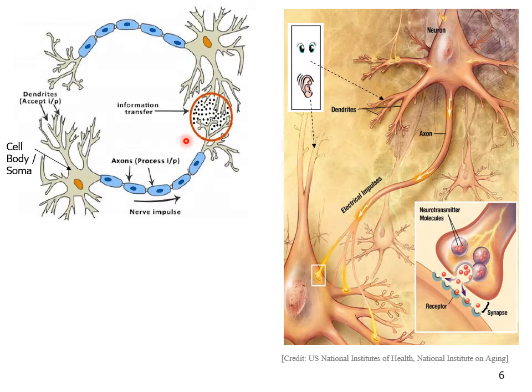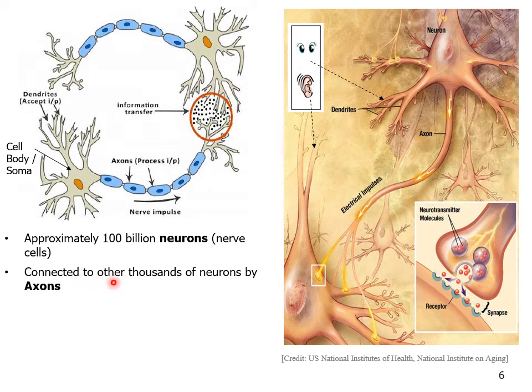After having the overview of the nervous system, now let us go into a few more details. The human brain is composed of around 100 billion nerve cells called neurons. Every neuron or cell is connected to thousands of other neurons or cells by axons.